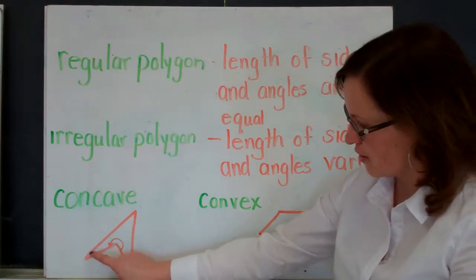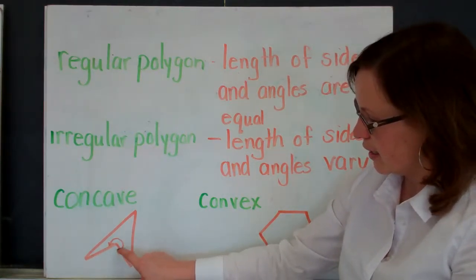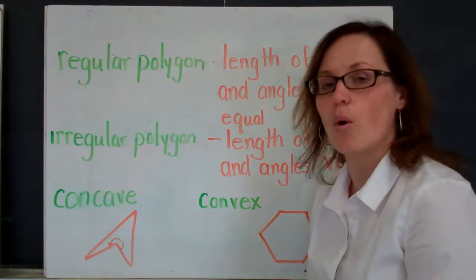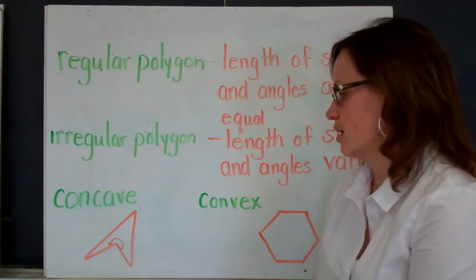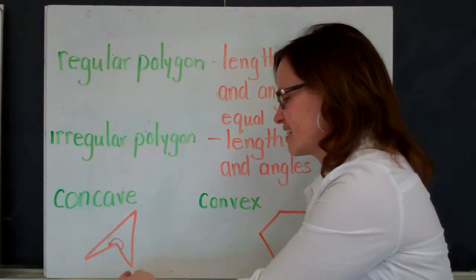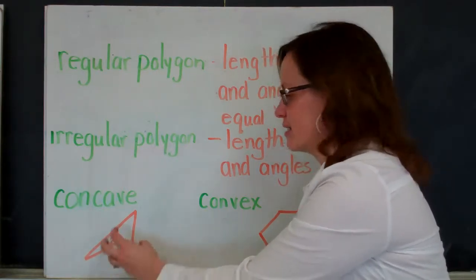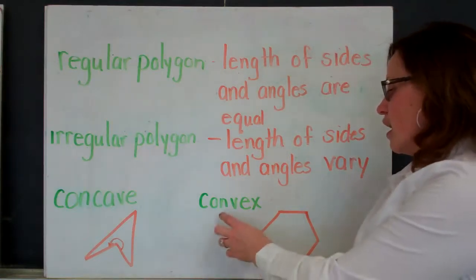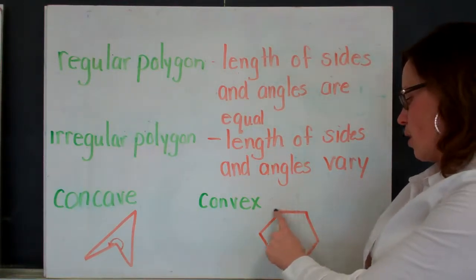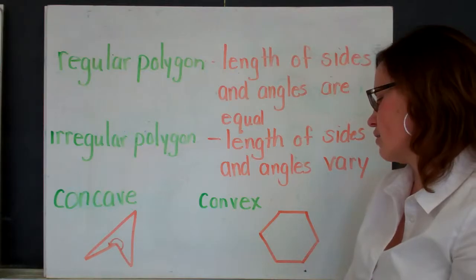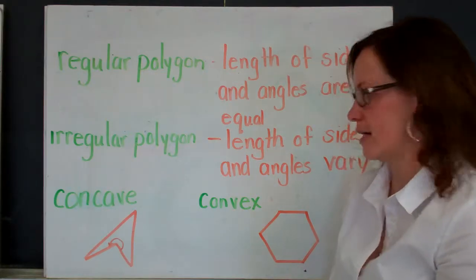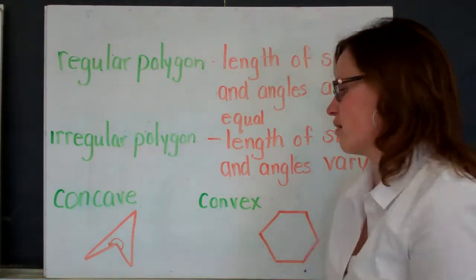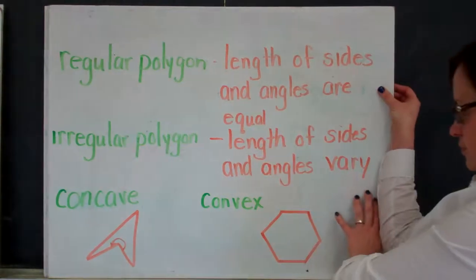For example, if you look at this angle here, it is a reflex angle because it's more than 180 degrees, but it is a concave polygon because it has that angle in it. A convex polygon is where all of the angles are less than 180 degrees. So a concave polygon and a convex polygon.